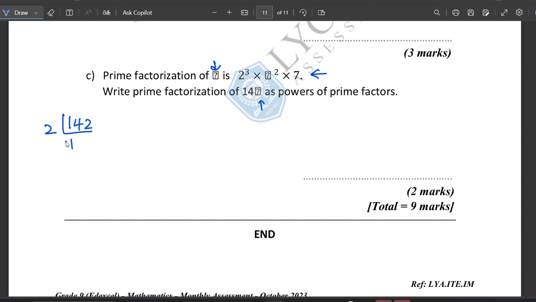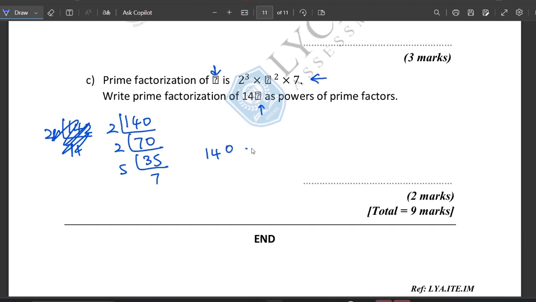So this becomes 71. I'll assume this as 140. We get 70, 35, 7. So I only assume this as 140. Similar to that, we can do the question.